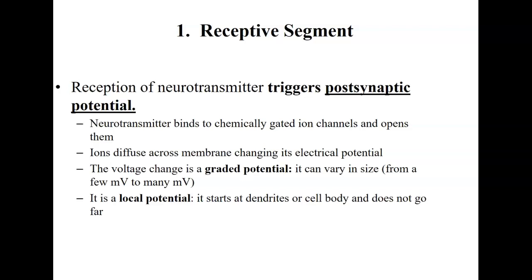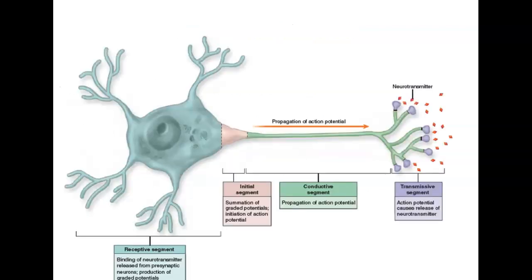It can vary in size depending on the number of ions that diffuse across the membrane. It's a local potential, which means it starts at the dendrites or cell body, but it doesn't go far. It will trigger the initial segment, but it doesn't go all the way to the end of an axon. So the receptive segment is only the dendrite and the cell body.